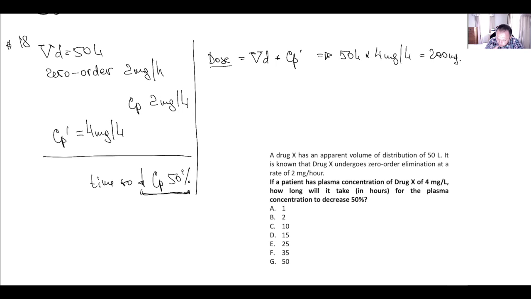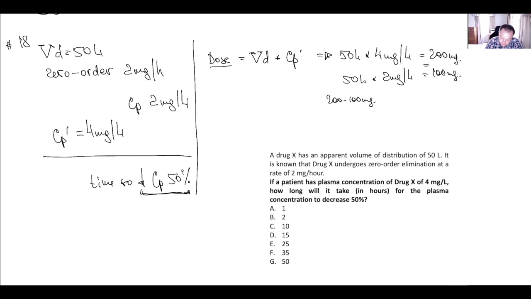When plasma concentration is 2 milligrams per liter, this corresponds to 100 milligrams. So 100 milligrams of medication should be eliminated, right? So 200 minus 100 milligrams.